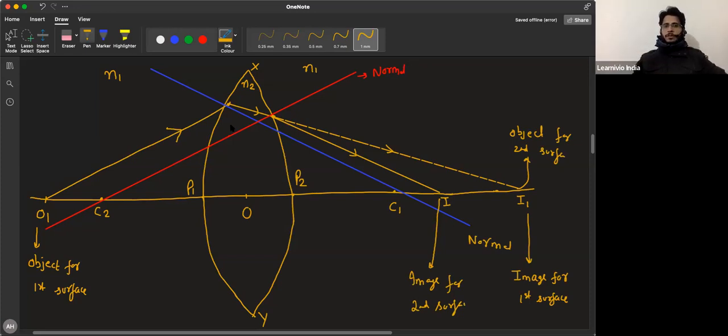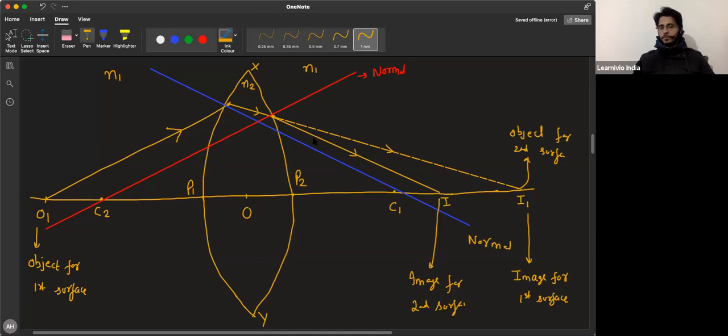So let's summarize it. This is a convex lens. At the first surface XP1Y, your ray is moving from rarer to denser, so it will bend towards the normal. If there is no second refraction, then this ray will go straight or meet over here. So for the first surface, this is the object and this is the image. But there is another refraction. This ray will again refract. This time it's going from denser to rarer. It will bend away from the normal and meet here.